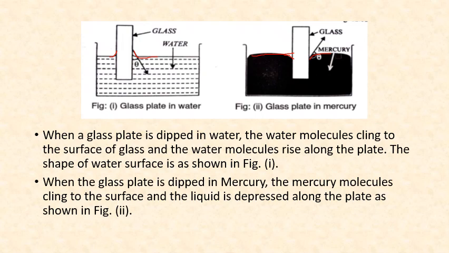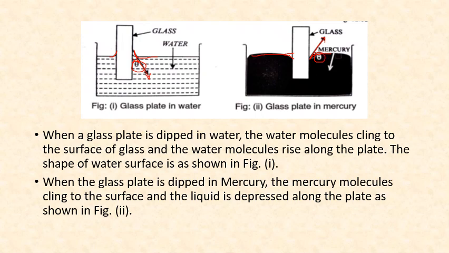Now, if you want to find out the angle of contact, what do we have to do? We have to draw a tangent. For water, the tangent will be like this. And for mercury, the tangent will be drawn like this. Since the angle of contact is inside the liquid, theta will be here, and for mercury, theta will be here.